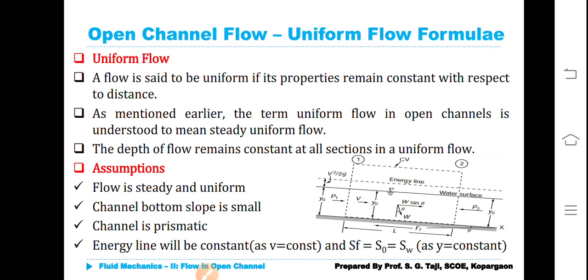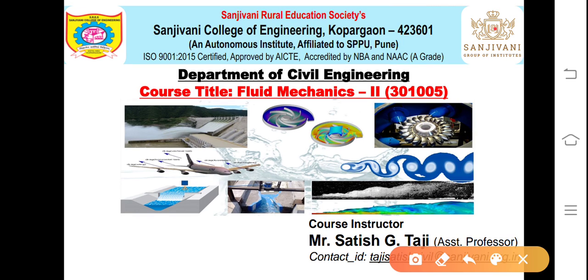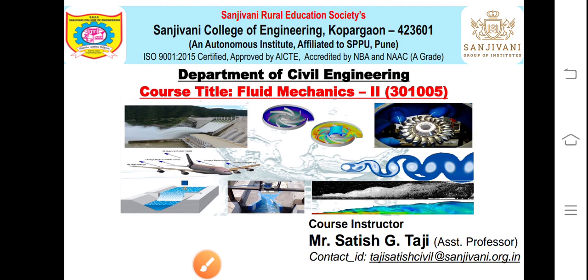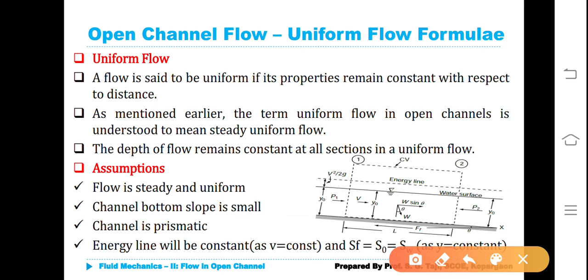SW is the slope of the water surface, S0 is the slope of the bed, SF is the slope of the energy line. The energy line you can see here. This is the energy line, V squared by 2g.